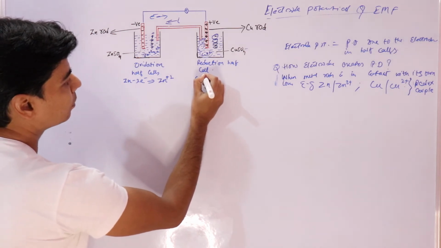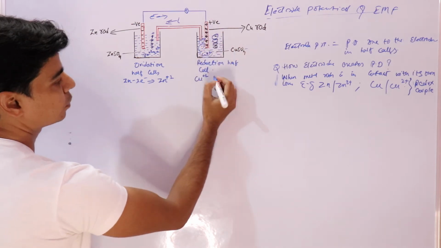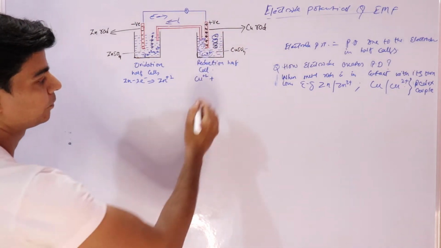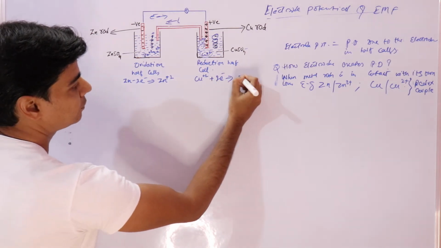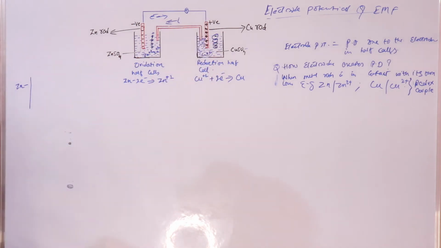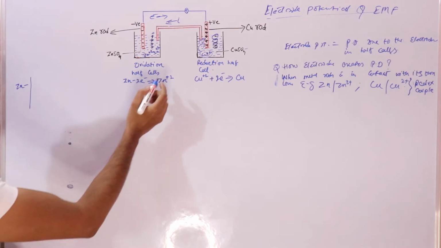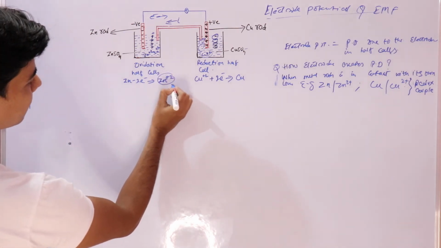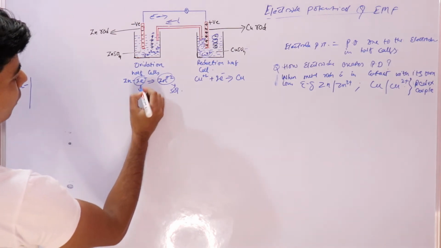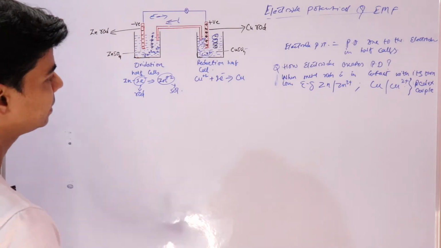Similarly, the copper ions in this solution, when they collide with this copper electrode, will gain electrons from the electrode and form copper metal, which will get deposited on this electrode. So this is reduction, this is oxidation. This will come into solution, and this will go to the rod, right?